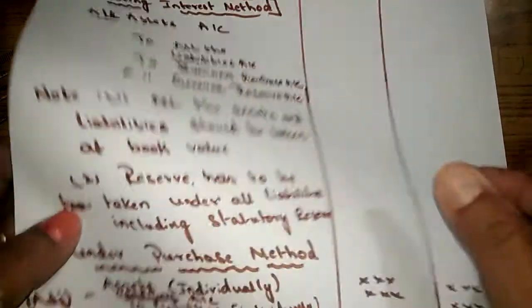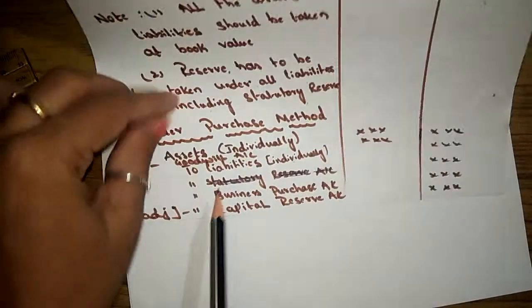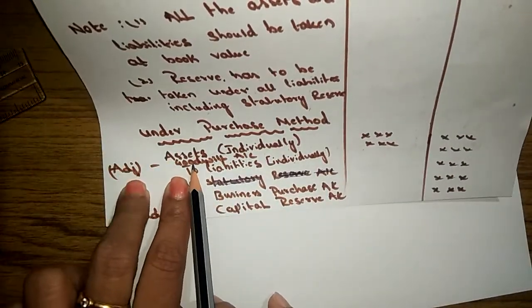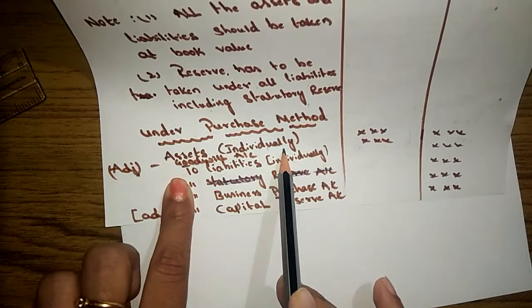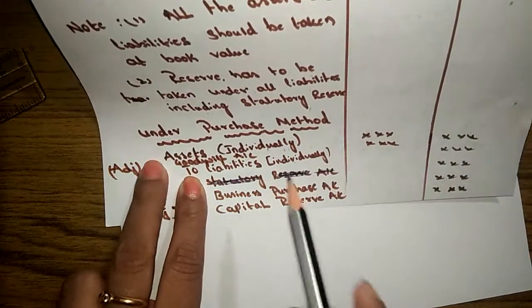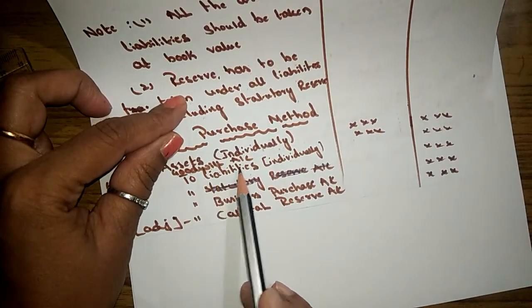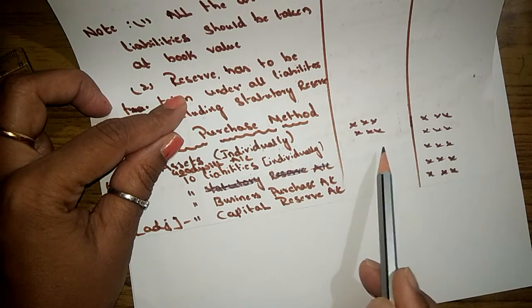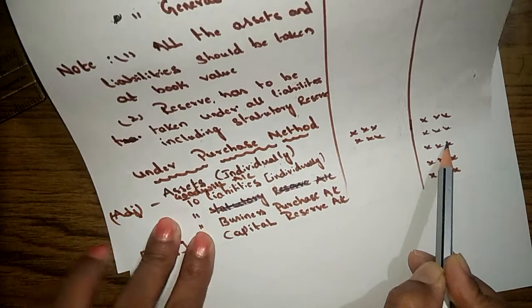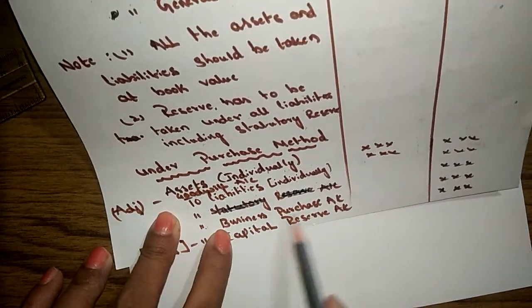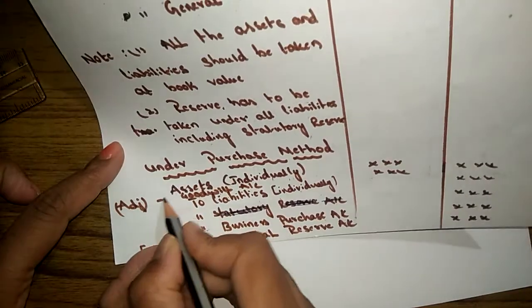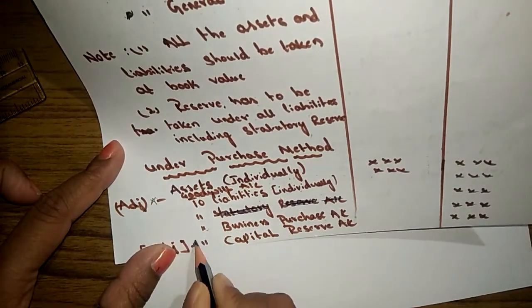Here we are taking only those assets taken over by the purchasing company, to liabilities. Here liabilities means only those liabilities which are taken by the purchasing company, to business purchase account. I'll explain these two.